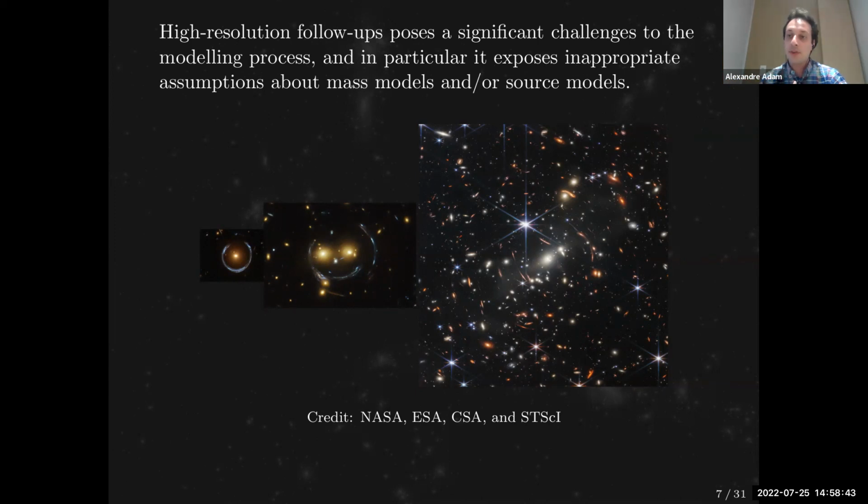These systems require very careful mass modeling, so often people will pick every galaxy and associate some mass to them, and this approach, the freeform or pixelated mass reconstruction, is also applied in this regime.